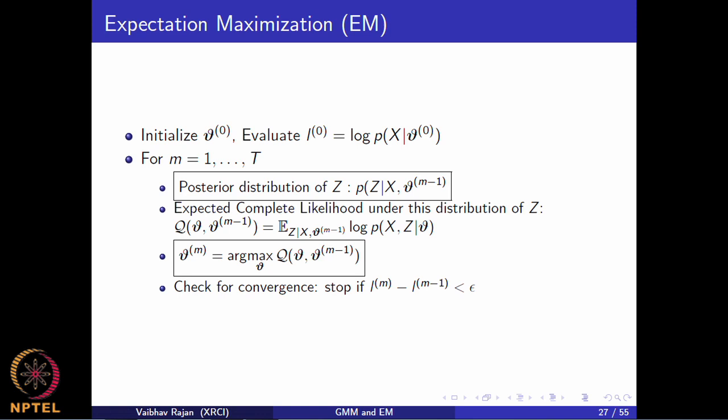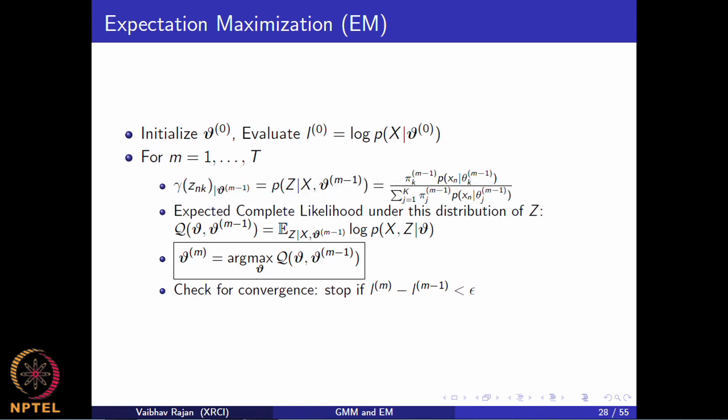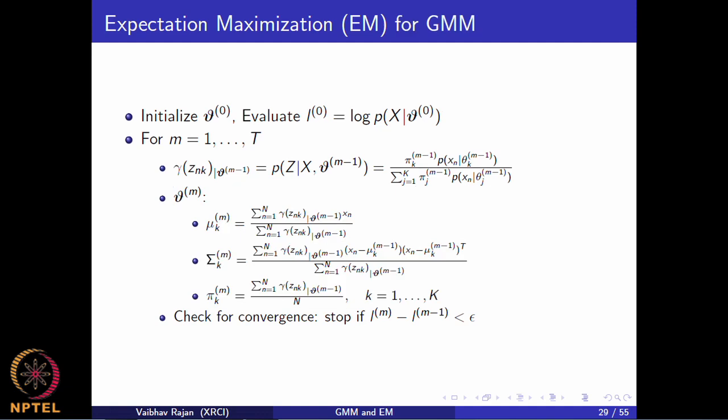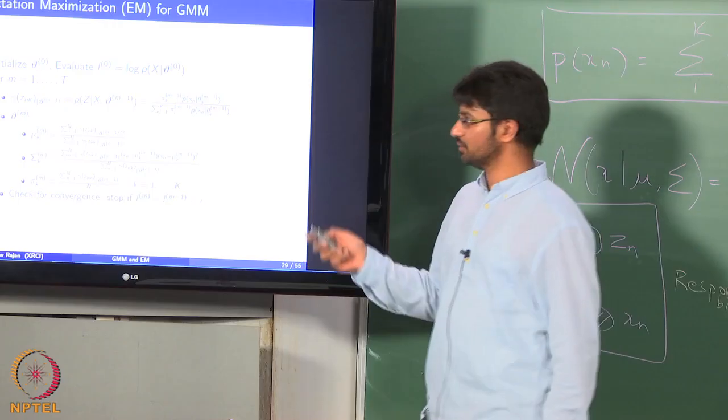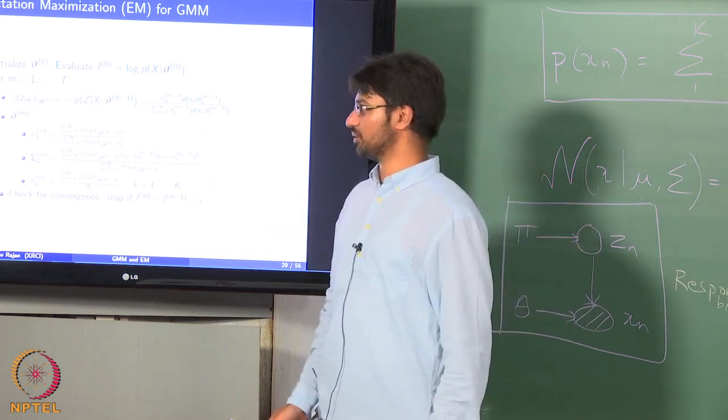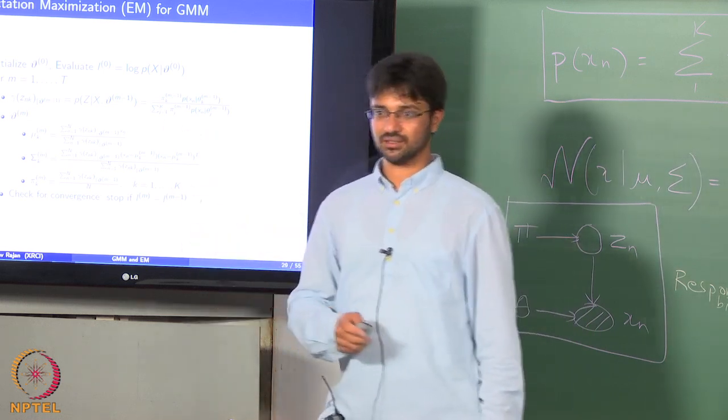The posterior distribution of z just gives us the responsibilities, and then this derivation gives us the next set of guesses, and iteratively we can check for convergence. When the likelihood does not change much, we stop, and that is the EM algorithm for GMM. I have still not told you why this works, but we will see the theoretical properties of why this works well.